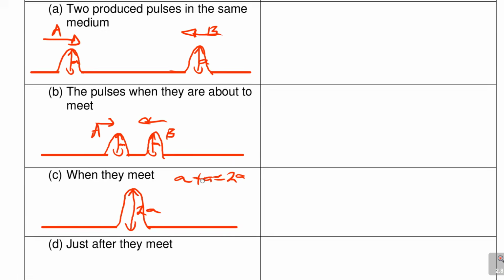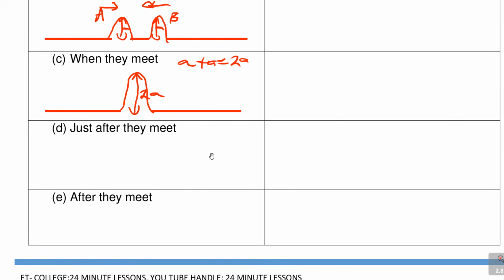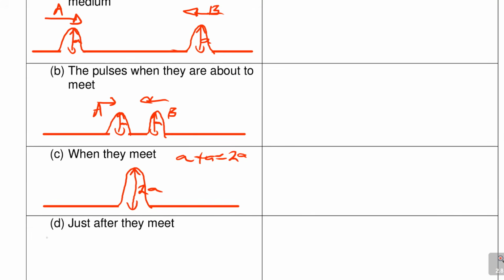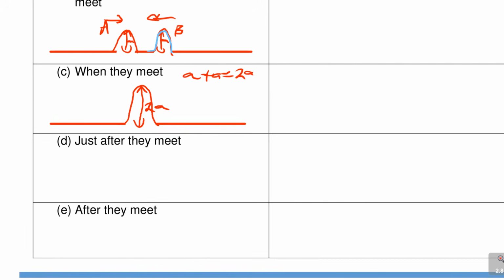And then after they meet, let me show you what this would have been, using two different colors. I've got this pulse like that here, and here there is a combination of the pulses. But now, after passing each other, where am I going to find A and B? Just after meeting, you still have something similar to the previous diagram.